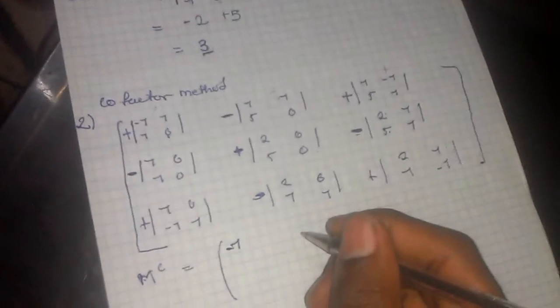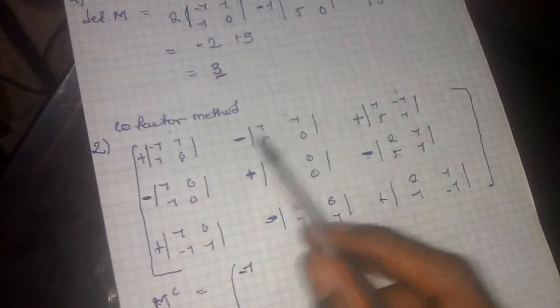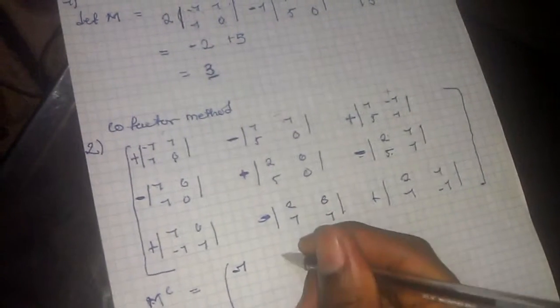I'm sorry, I just made an error. Here we have 0 times 1 minus that, so we have a positive 5.